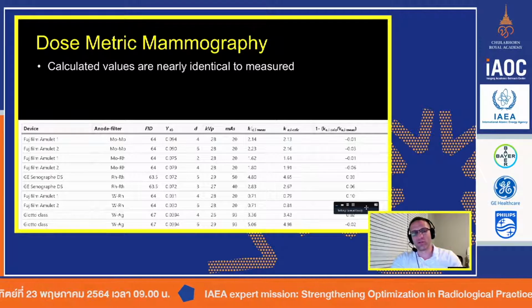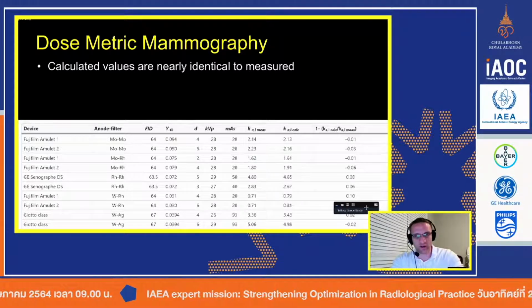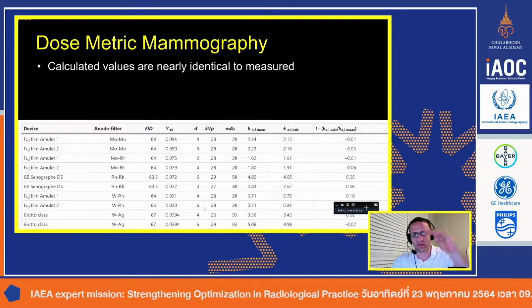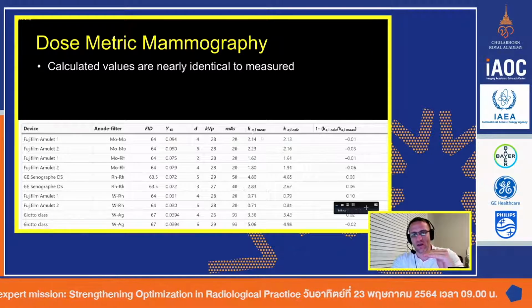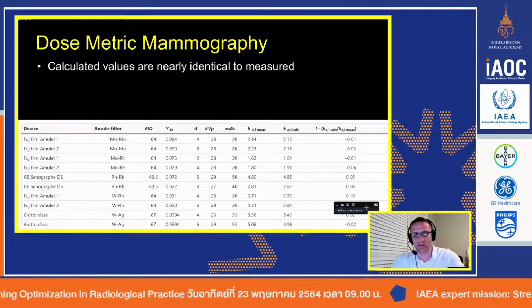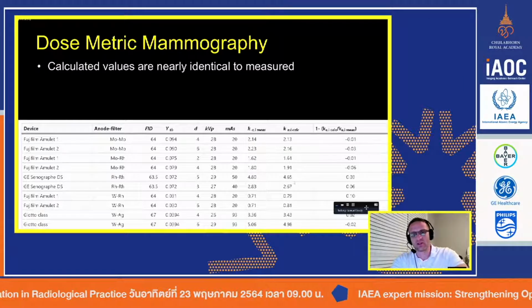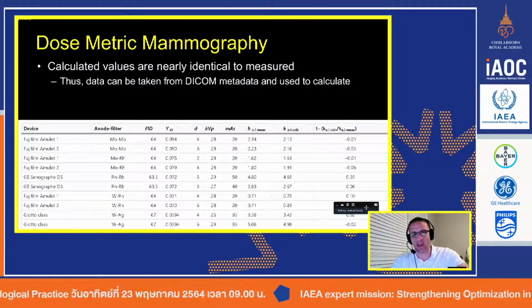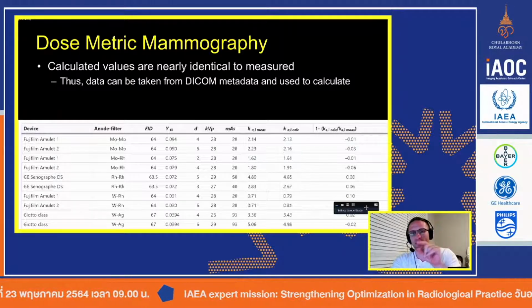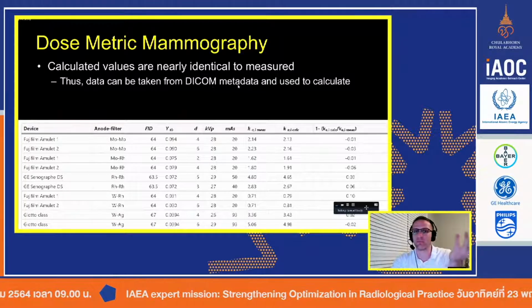And when you look across all vendors for all different thicknesses, so every different place along the imaging chain, the measured air kerma was almost nearly identical to the calculated. So that means everything we need to calculate the 2ABD can be found in the DICOM metadata.